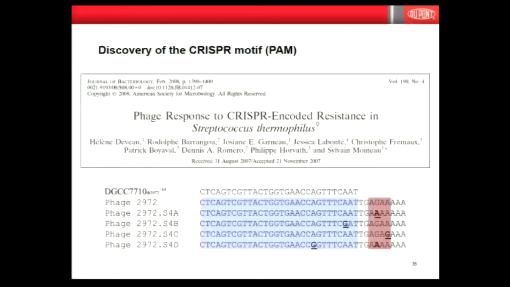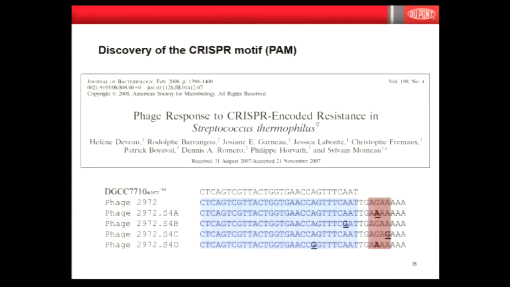And those mutant phages were analyzed by sequencing. And what we observed was the fact that in some cases, one single mutation could be identified at the level of the sequence targeted by the spacer. And this disrupted the interference.